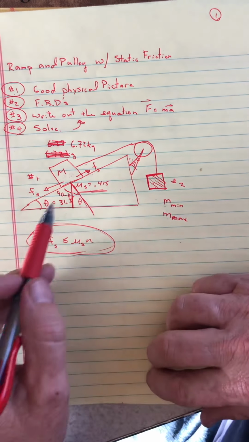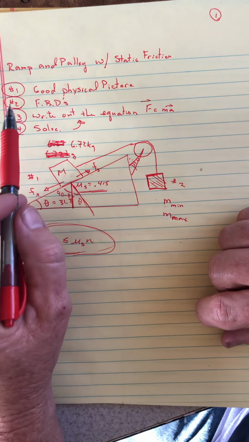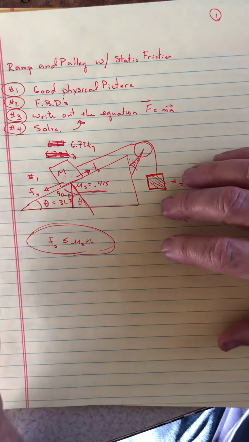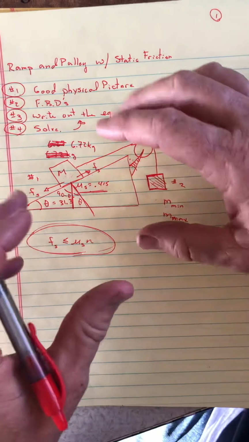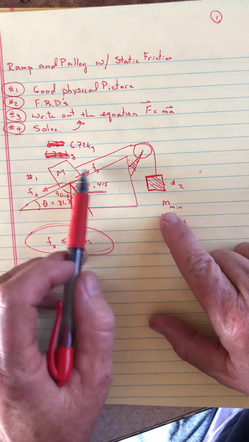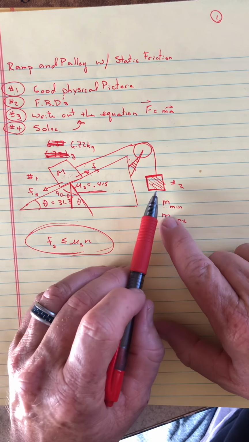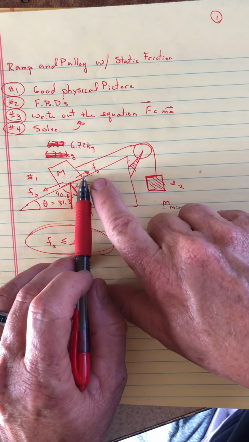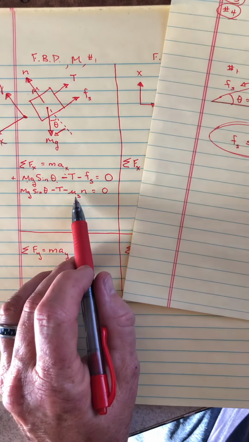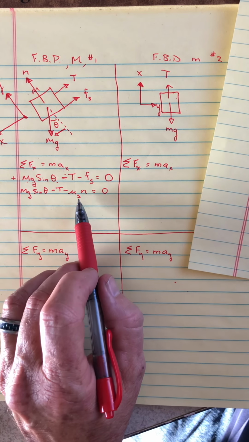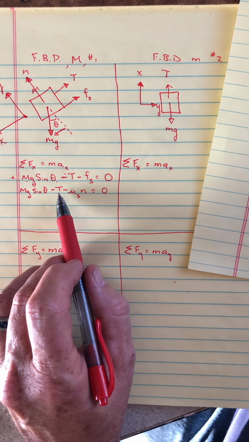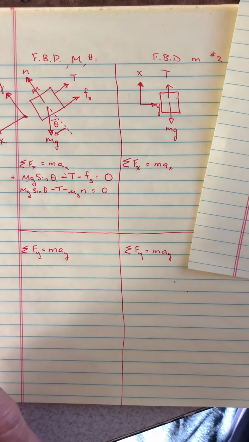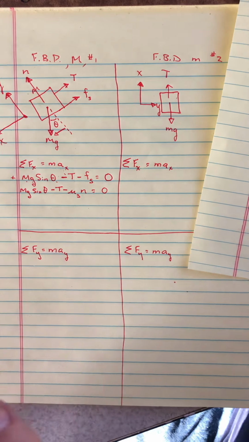So again, you can see I'm coming back to step number 1, which says, get a good physical picture of what's going on. And in this case, the physical picture is what is holding it from going down the hill. And so there's these two that are holding it up the hill. And so as I lower this value, the friction keeps getting bigger and bigger until it gets to that maximum. So it is at this particular value of friction that I would want to know this particular value of the tension that is what's holding it up. And that's probably the key to the step.